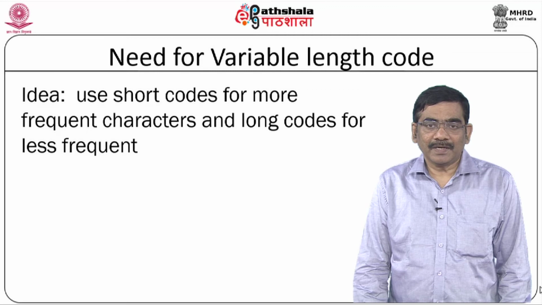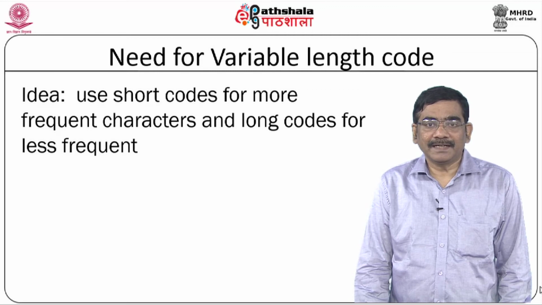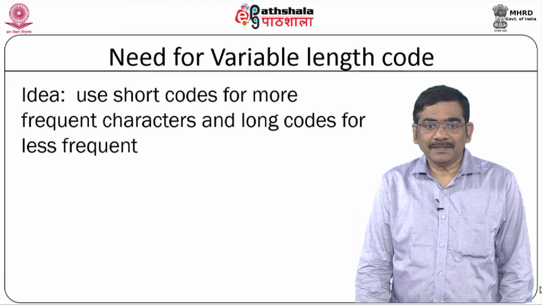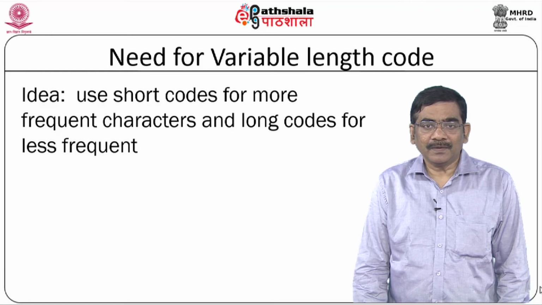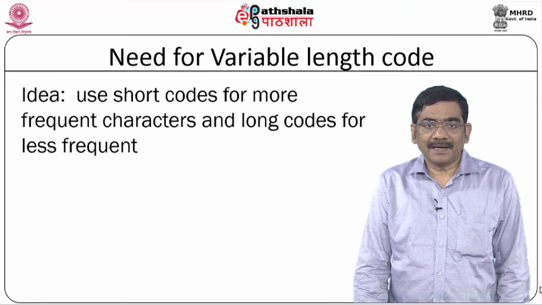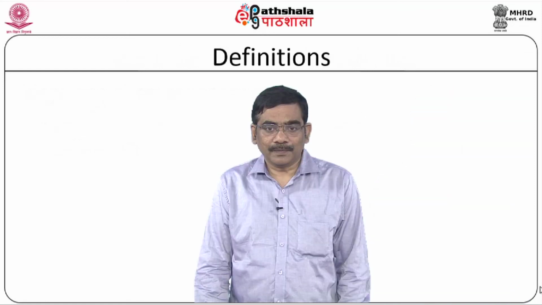In other words, we are looking at information content, and if a symbol comes very frequently, it is not very important, so we will use a very short code to represent it. If a symbol comes very rarely, the information content is very high, and in that case we will go for the longer code.